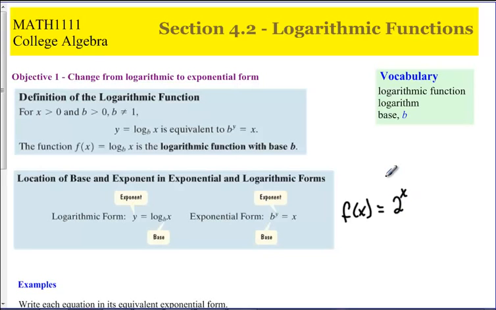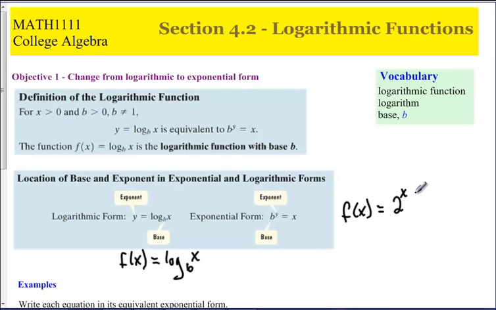If you remember that 2 is the base, going from exponential form to logarithmic form should be easier, because this is going to be y equals log base b of x, or the same thing as f of x equals log base b of x. Well, b stands for base.